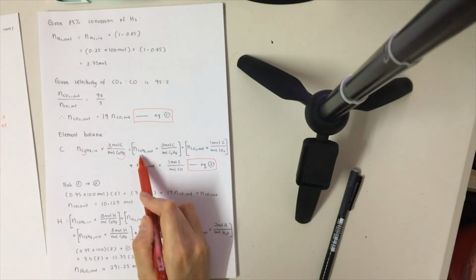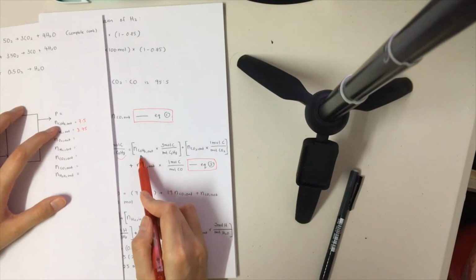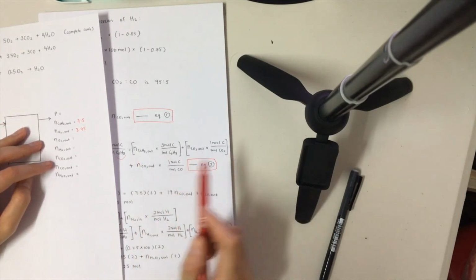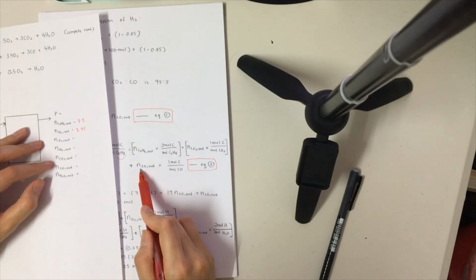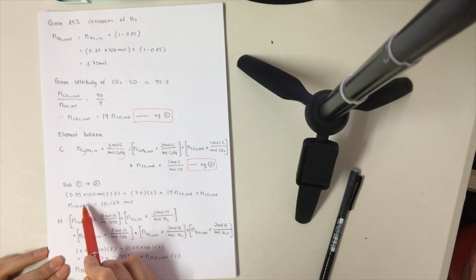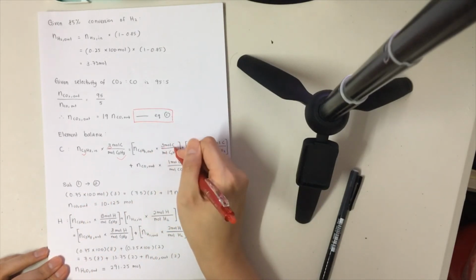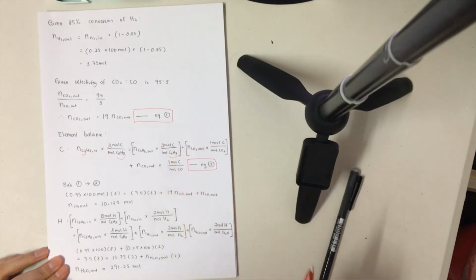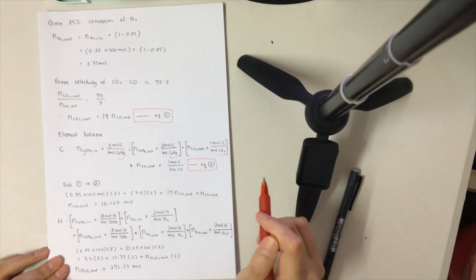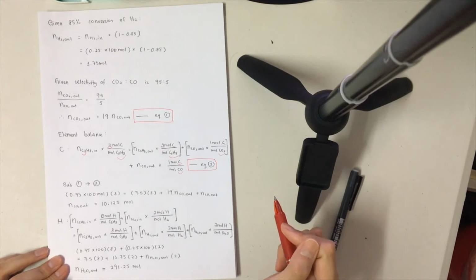Then whatever comes out that contains C, we have propane, we have CO2, and we also have CO. Substitute the values in. Okay, same goes to this, 3 moles of C in 1 mole of propane, 1 mole of C in 1 mole of carbon dioxide, and 1 mole of C in 1 mole of carbon monoxide.